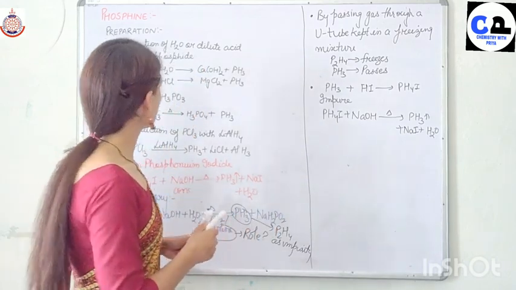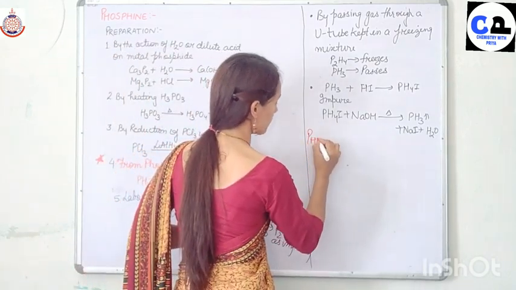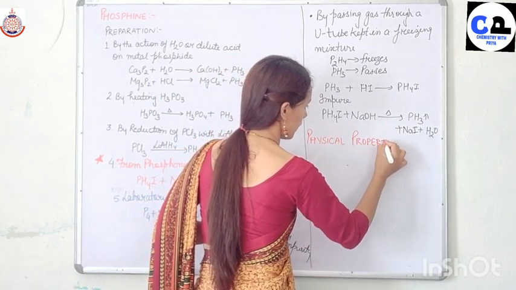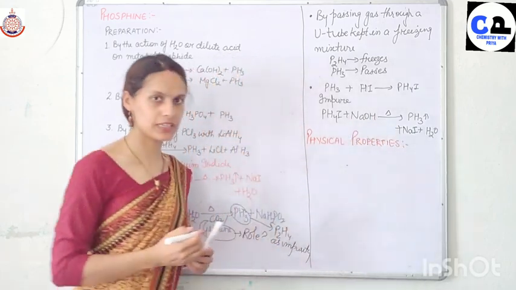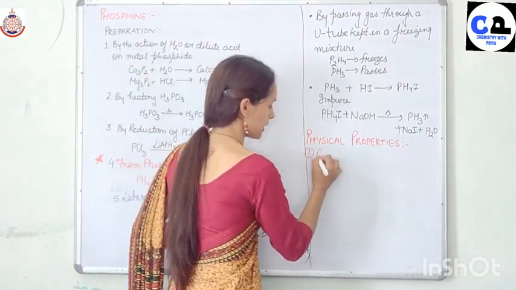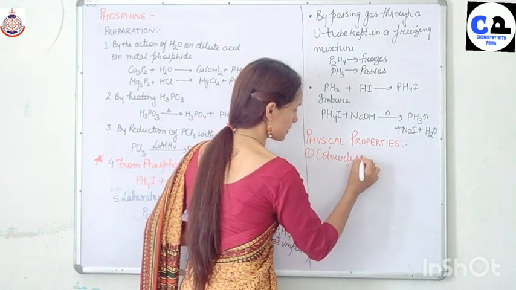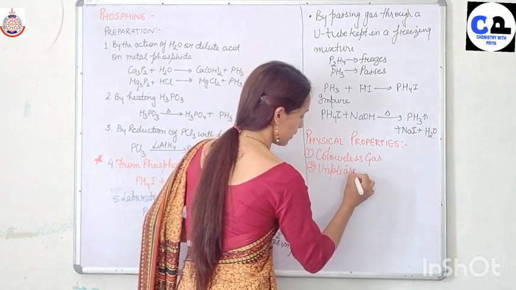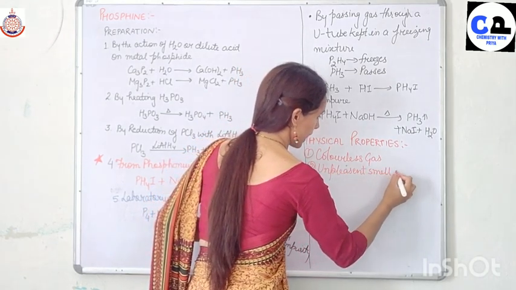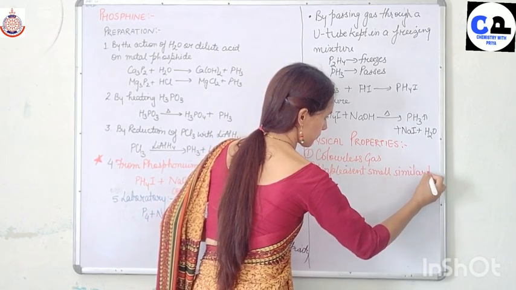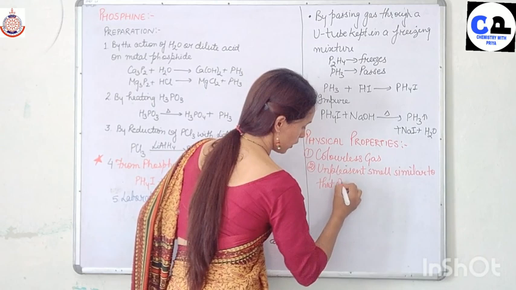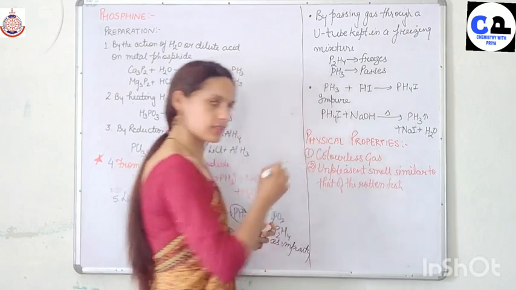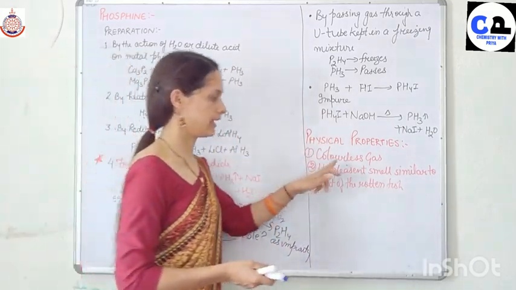Next, we will talk about the physical properties of phosphine. The very first property is it is a colorless gas.